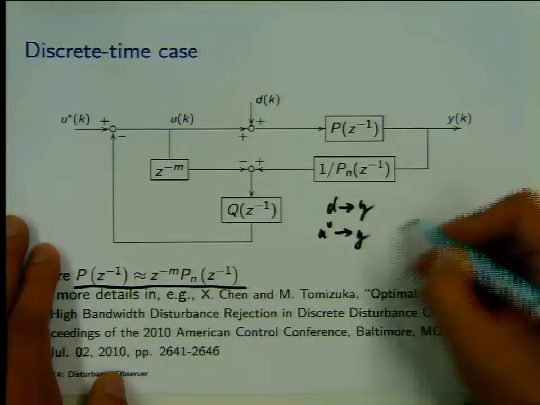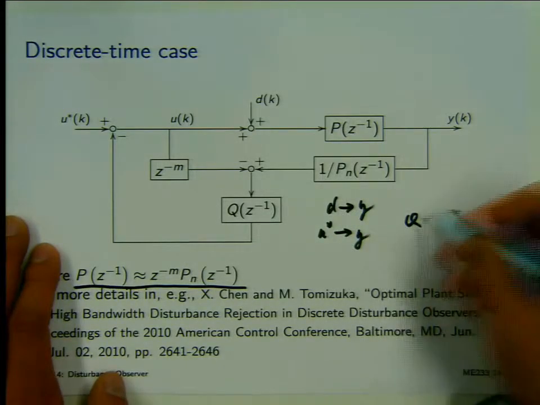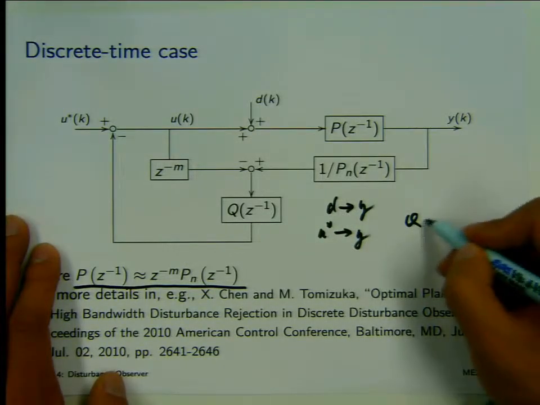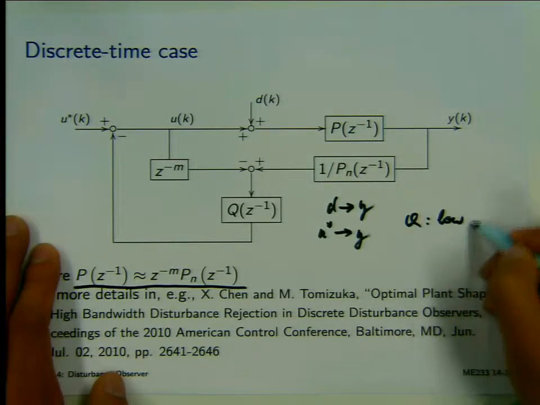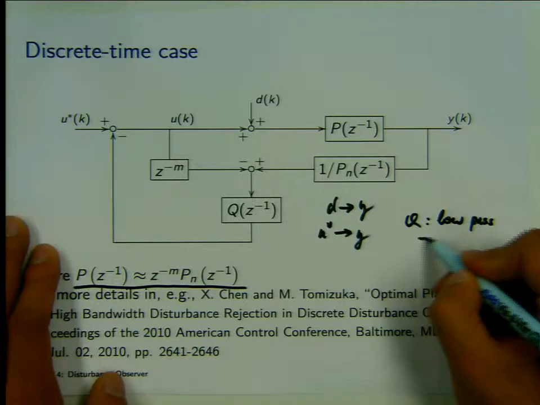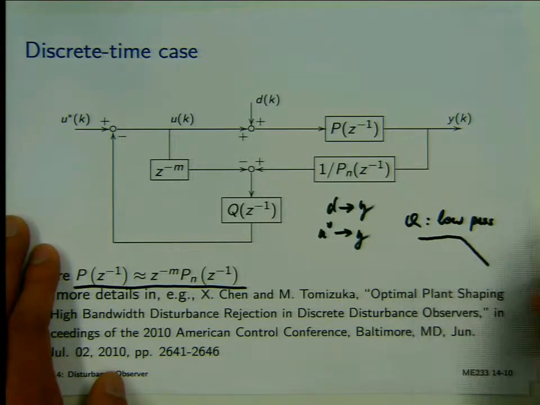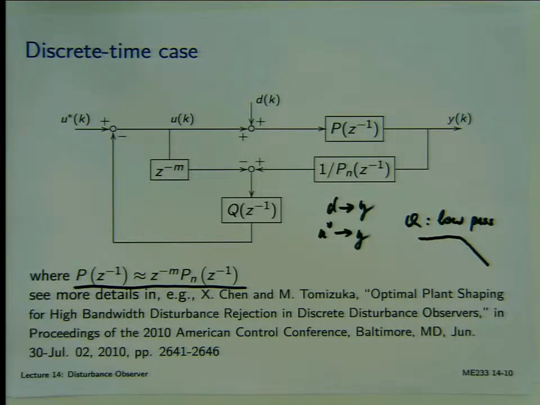Everything is very similar. We also need Q. One of the ways is that Q can be low pass, and the magnitude has to be small at high frequencies. These results equivalently hold in this structure. You can see more details by looking at this reference here for the discrete time case.